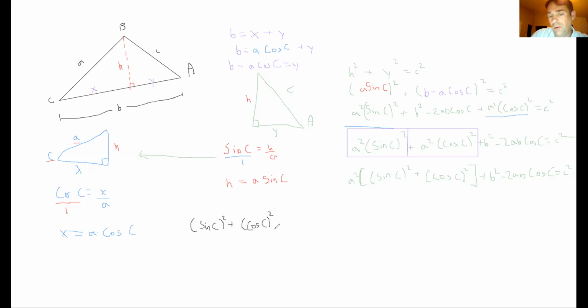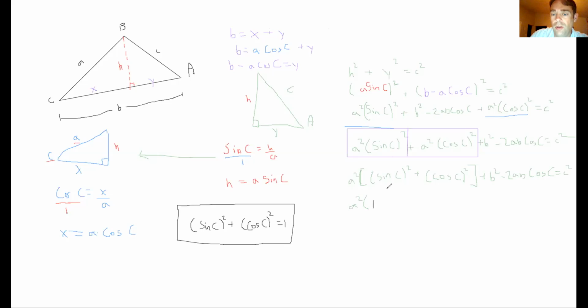But this was an identity we learned back in integrated 2. We found out that sine c squared plus cosine c squared was equal to 1. So this special little identity, we can use it here to help us out and find out that this whole thing right here in parentheses is actually equal to 1.